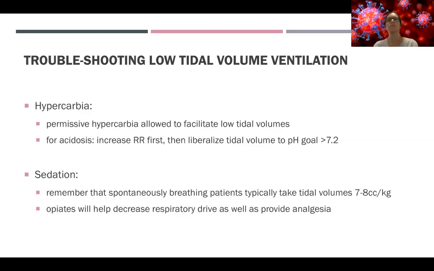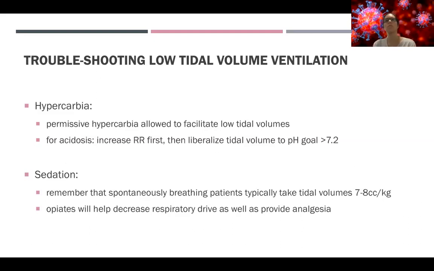The other issue is sedation. Remember that these patients are spontaneously breathing, and spontaneously breathing patients generally take tidal volumes of about 7 to 8 cc's per kilo. So we're shooting lower than that. But patients who are in respiratory distress may be taking much higher volumes, and it can require significant sedation to have the patient become synchronous with the ventilator, breathing those low tidal volumes.